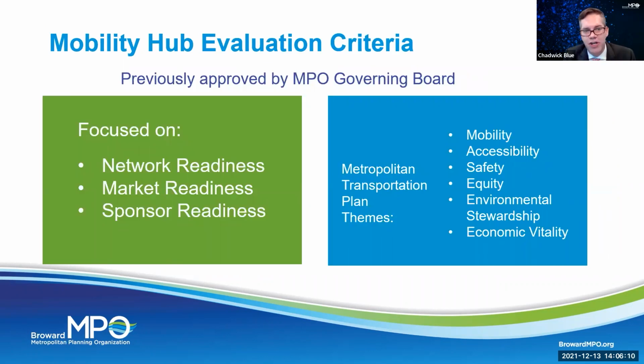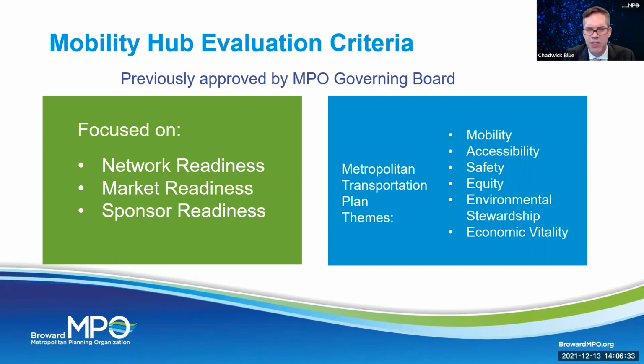The evaluation criteria, this slide right here shows exactly what we're looking for. Previously, the MPO board had approved some criteria as part of the Hubs Revisited 2.0. All of this documentation is available on the Broward MPO's website, browardmpo.org.